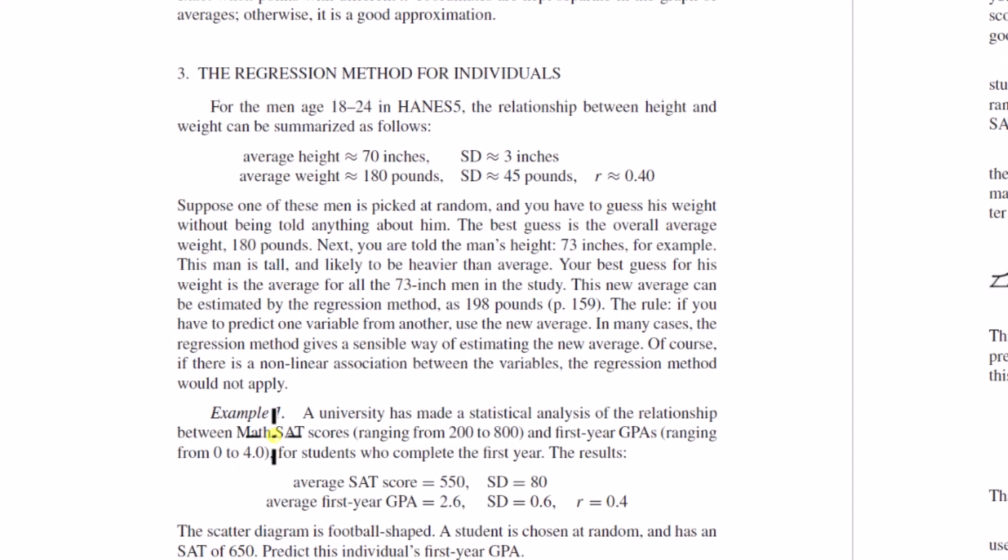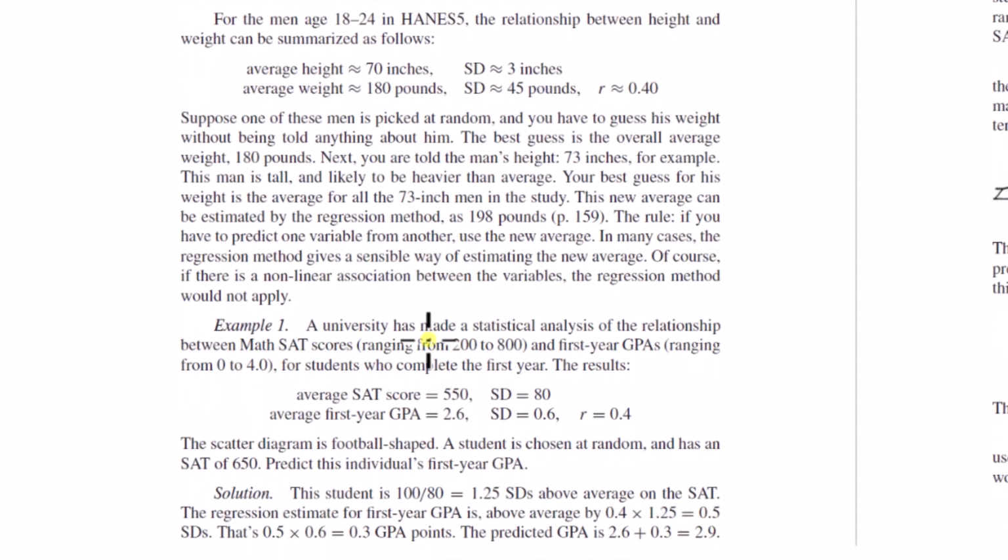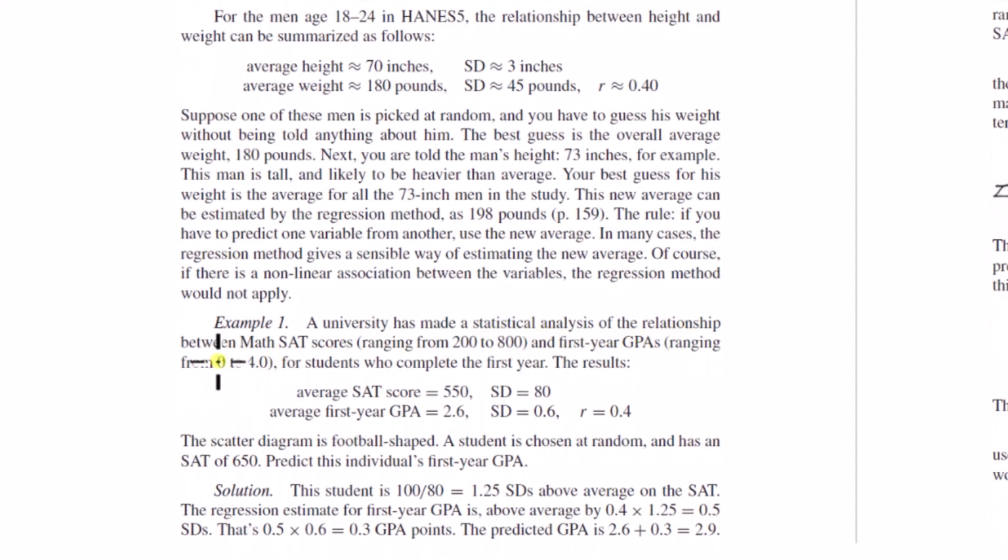All right, example 1. A university has made a statistical analysis of the relationship between math SAT scores, ranging from 200 to 800, and first-year GPAs, ranging from 0 to 4.0, for students who complete the first year. So a university has made a statistical analysis of the relationship between math SAT scores coming out of high school and first-year GPAs of students that they admitted to their university.